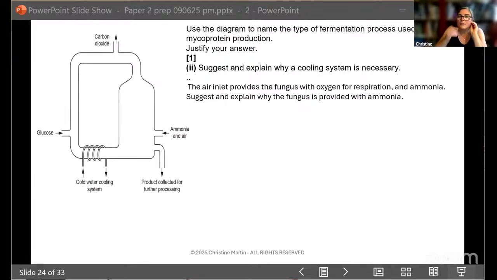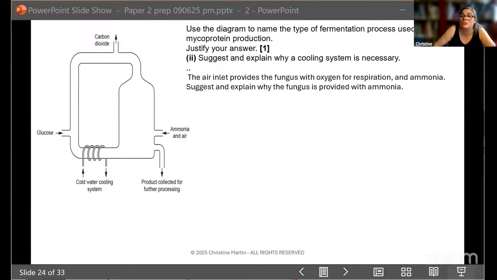But absolutely. And that's exactly why all my resources that I have built have been based around the exam questions from OCR, so that you can actually apply your knowledge to that question. So which one? Justify your action. The fact that they're putting in the nutrients, they're removing the products, the waste products, as well as the product collected down here, would tell you that that's the continuous fermentation.